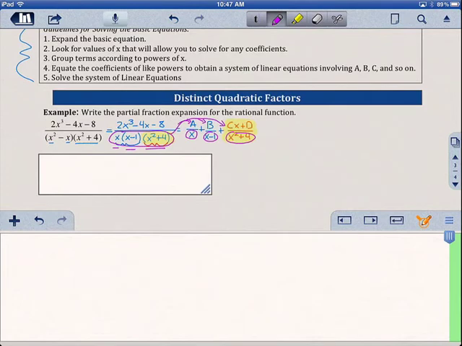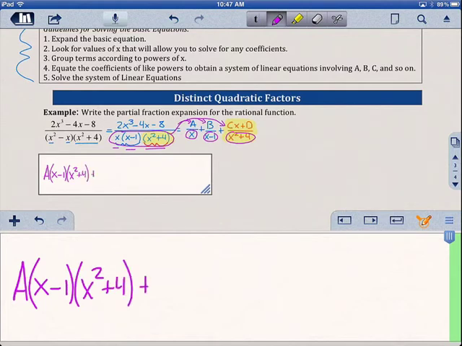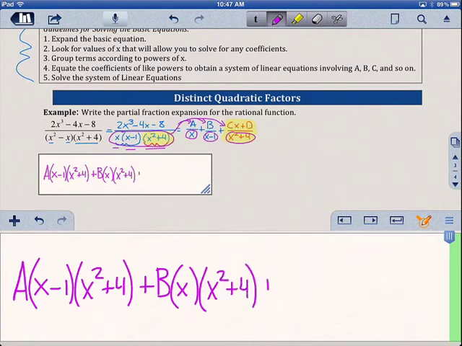Okay, for our a quantity, the factor of x is going to cancel out, and so we're going to be left with the factors x minus 1 and x squared plus 4. For the b, the factor x minus 1 will cancel out, and we're going to be left with the factors of x and x squared plus 4. And then for cx plus d, we will put that in parentheses there.